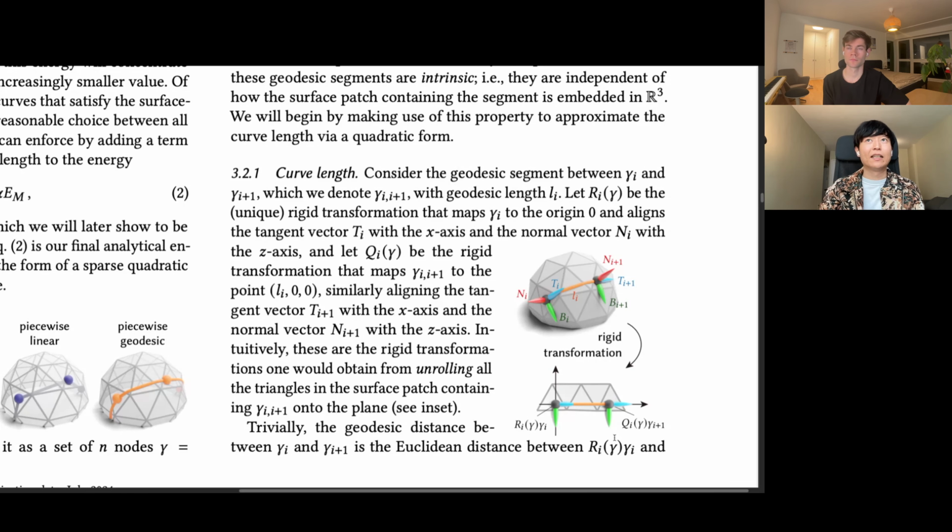And on this plane, of course, you can get the quadratic length of this geodesic segment, and then you can get the first order and second order derivatives on this plane. So that's one approximation that we use.